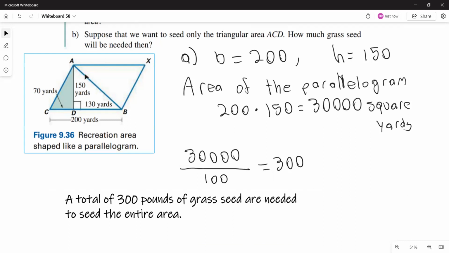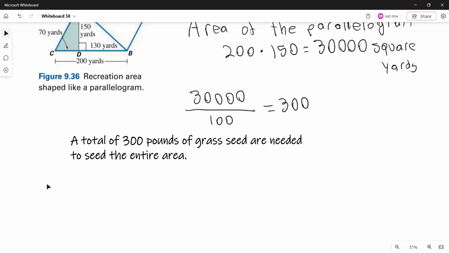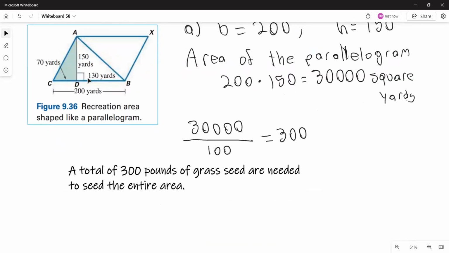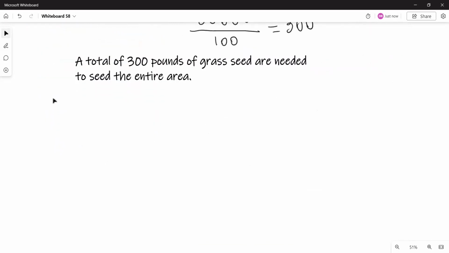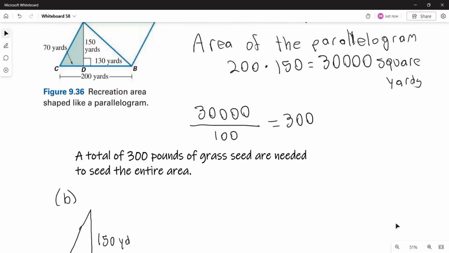Part B, suppose that we want to seed only the triangular area ACD, that is this shaded triangle. How much grass seed will be needed then? So we have a triangle with base 70 and height 150. So we're going to do the same.